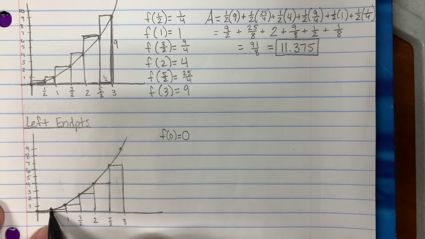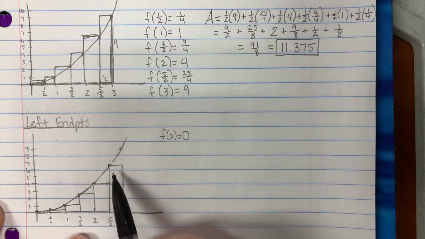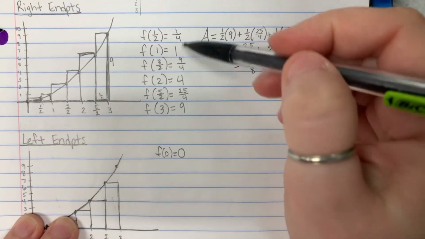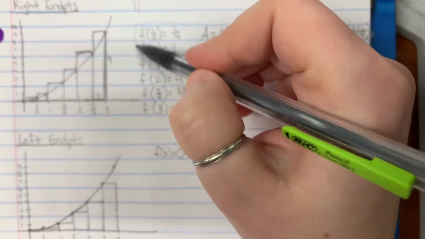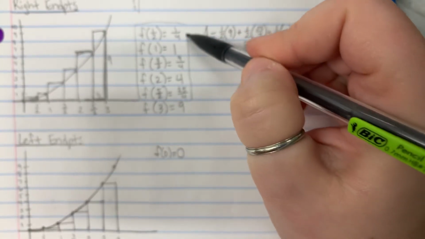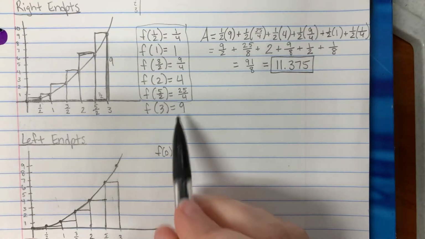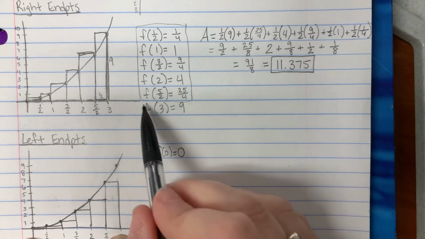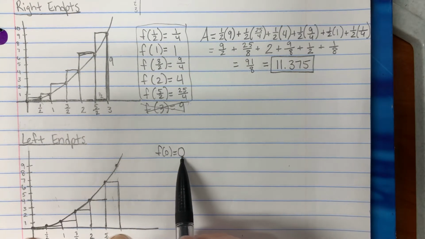The other ones that I need, the f of 1/2, f of 1, f of 3/2, f of 2, and f of 5/2, I already have all of those right here. So I'm going to be using all of these. The difference is I don't need f of 3 this time, right? I don't need this one, but I do need this one.